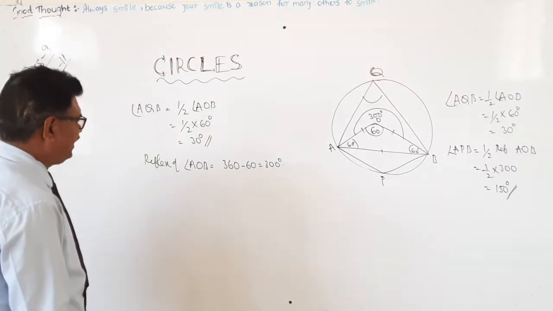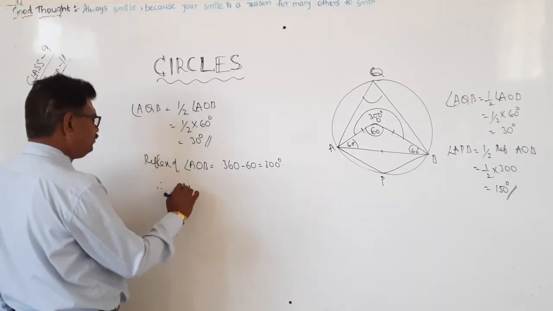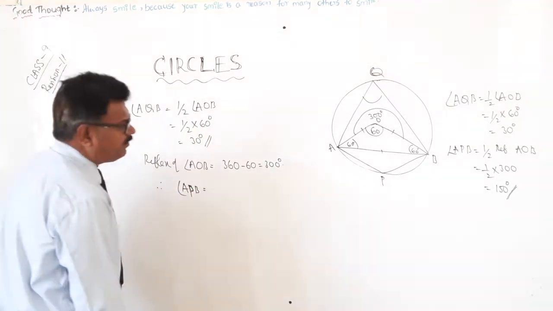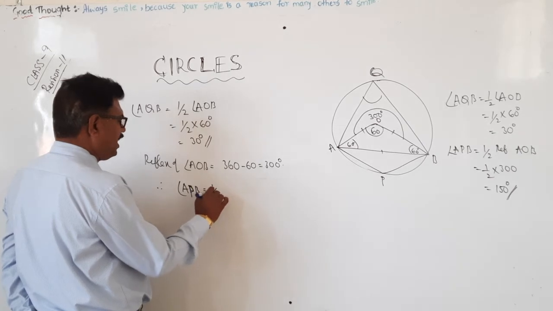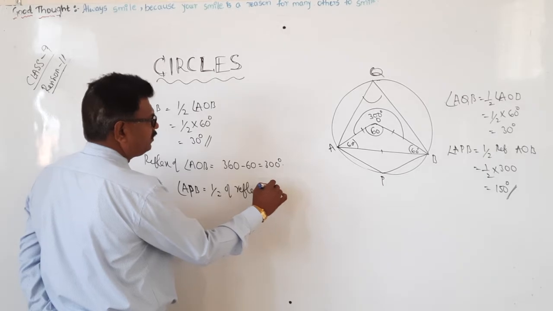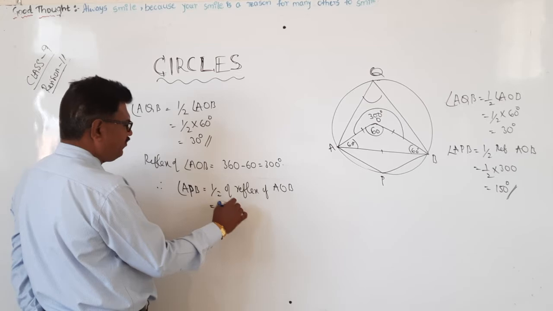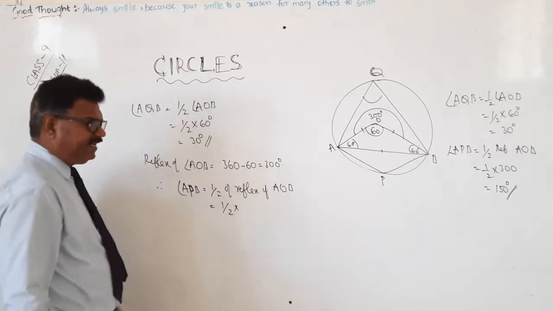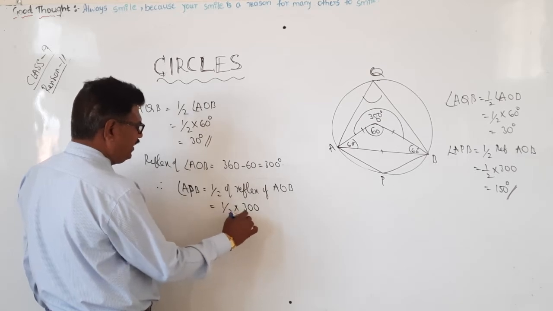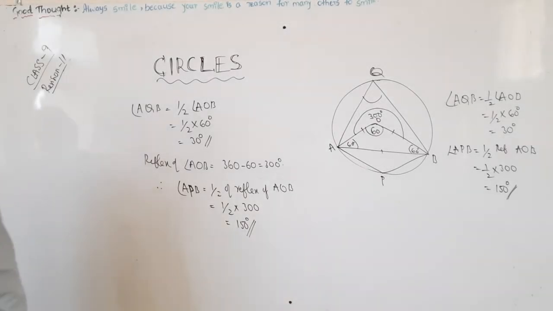Therefore, angle APB is equal to half of reflex of AOB. What is the reflex of AOB? It is 300. It is nothing but 150 degrees. So like this only we have to do.